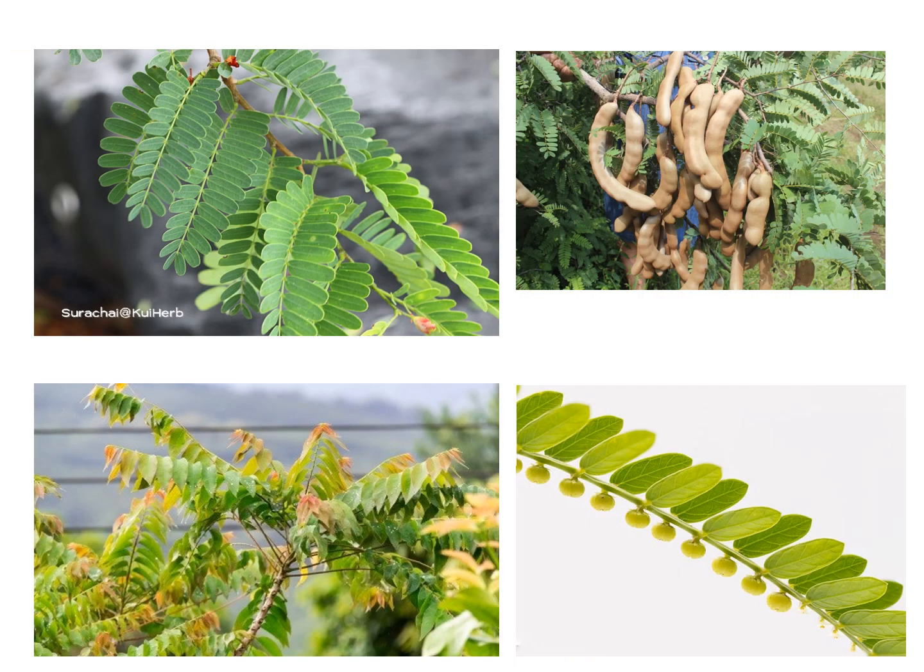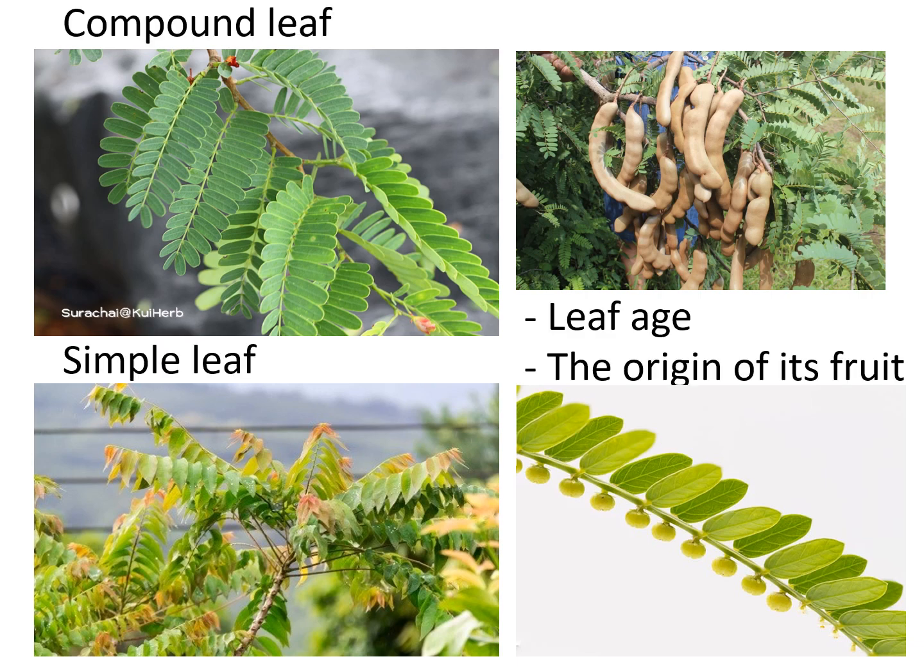In nature, we sometimes get confused between simple leaf and compound leaf. So there are two things that you have to know that can help you understand the difference between compound and simple leaf. The first is leaf age, and the second is the origin of its fruit.